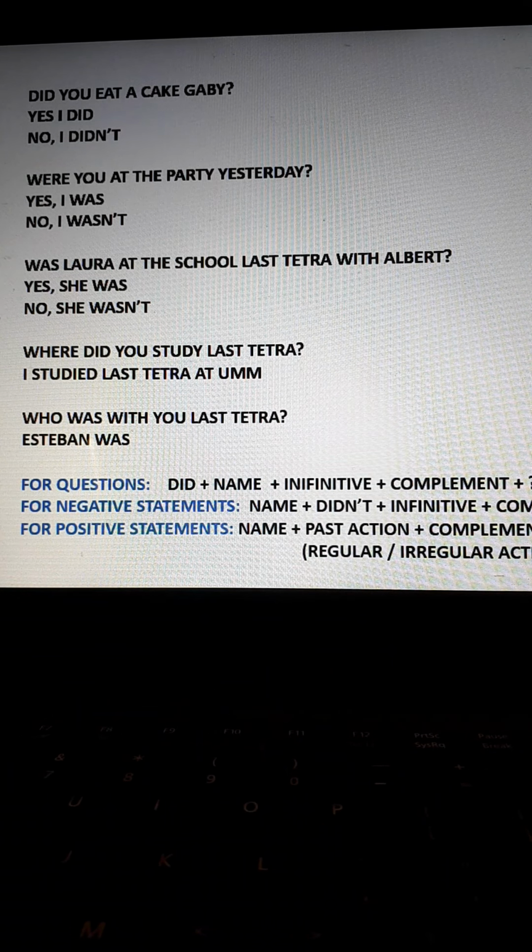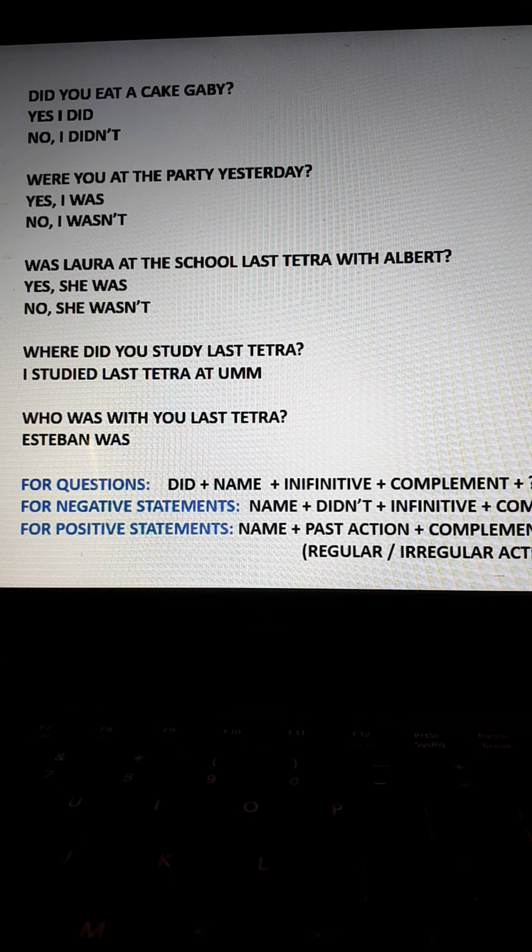Now, we also can add a WH question. Remember that WH questions are open answers. So first you need to write the WH word: what, where, which, who, how, etc. Then the auxiliary did, then the pronoun, singular or plural, and then the action is going to be in the base form, and then the complement.